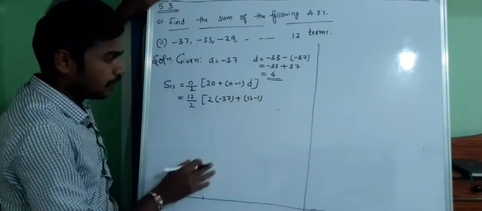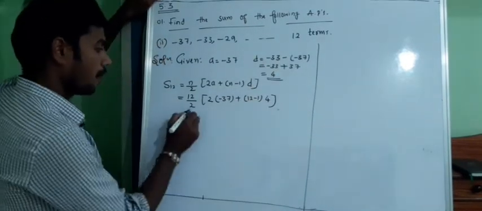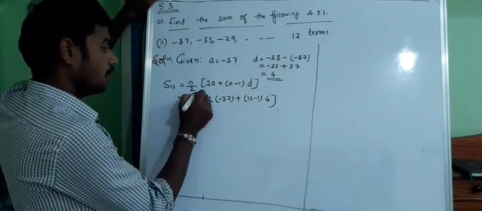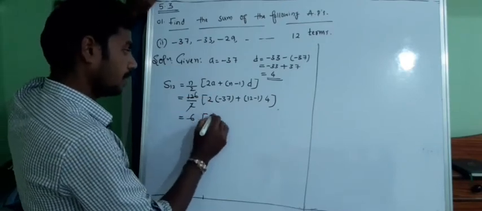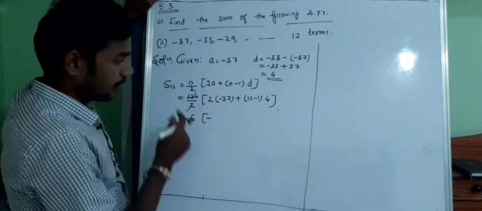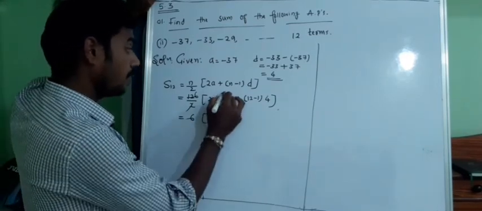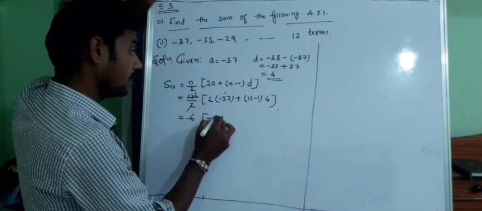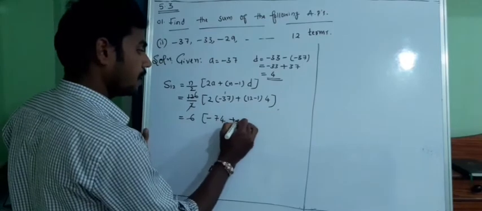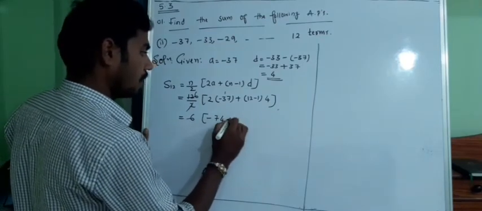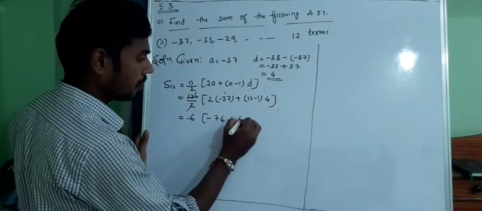D is 4. Now, 2 1s are 2, 2 7s are 14, carry 1, 2 3s are 6, 6 plus 1, 7. Minus 74 plus 12 minus 1, which is nothing but 11, 11 into 4 is 44.